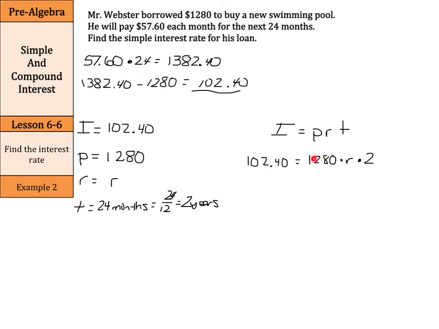Now, we can use the commutative property of multiplication to actually multiply the 1,280 and the 2. And when we do that, we get 2,560 times R. Now to finish this question, divide by 2,560 on both sides.